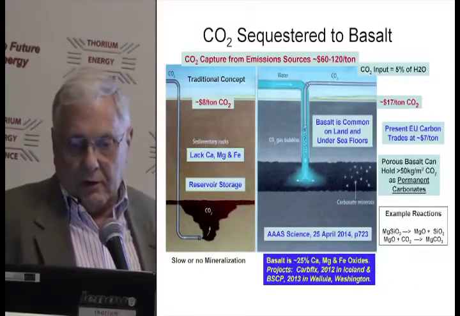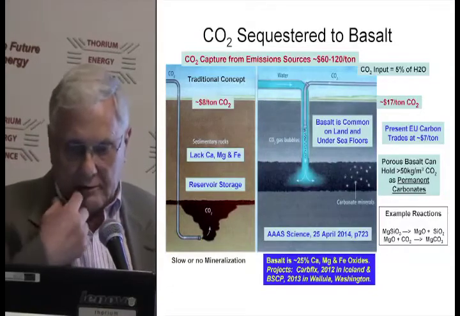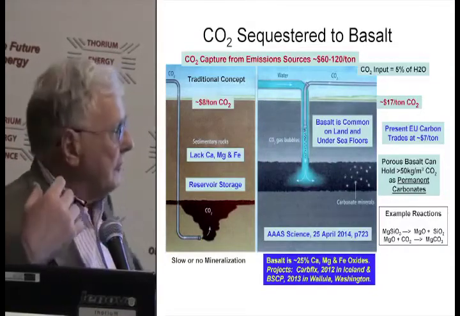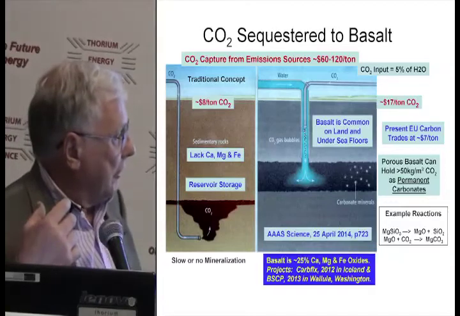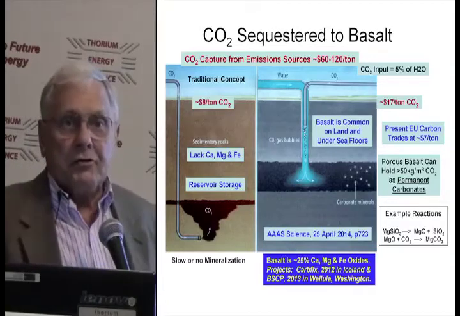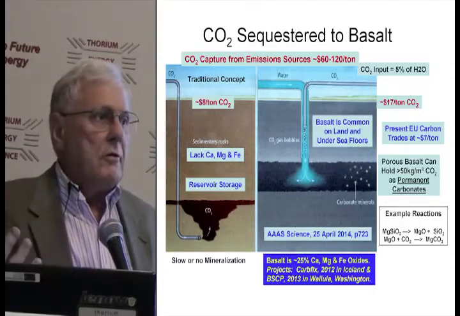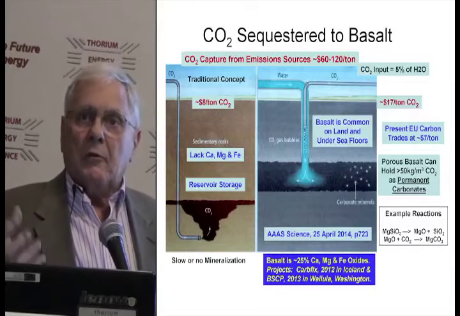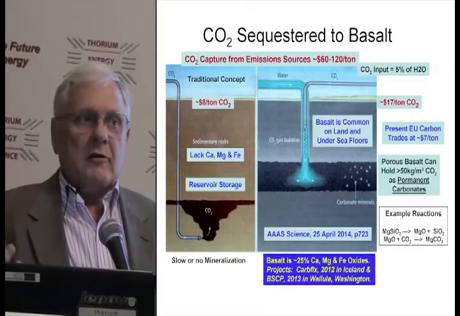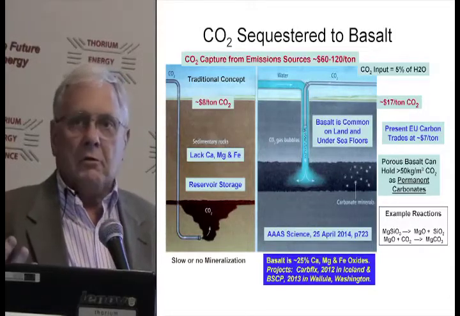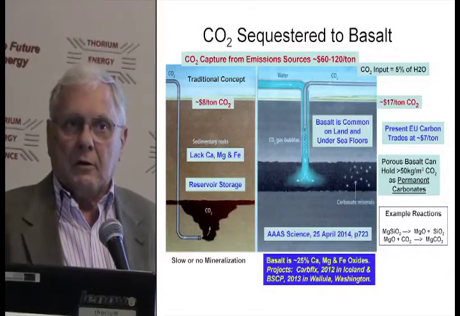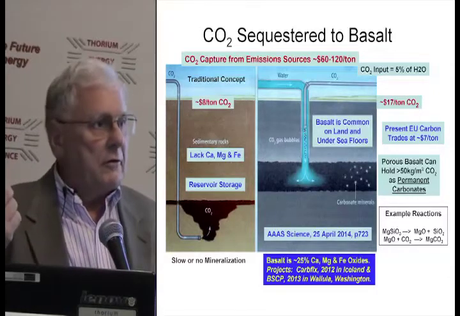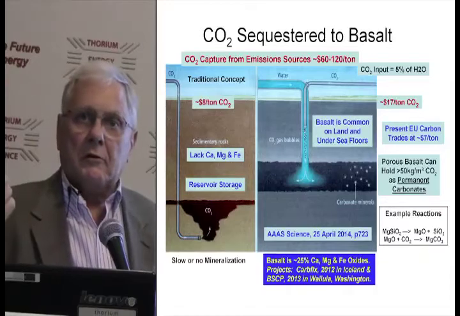Well, there are people in Iceland and in Washington State where there's a lot of basalt. Basalt is the dark layer there in the right-hand picture. That basalt went through a volcano. It was heated as hot as we heat anything like limestone to make cement, and the CO2 was driven out of it. That's why CO2 comes out of volcanoes, right?